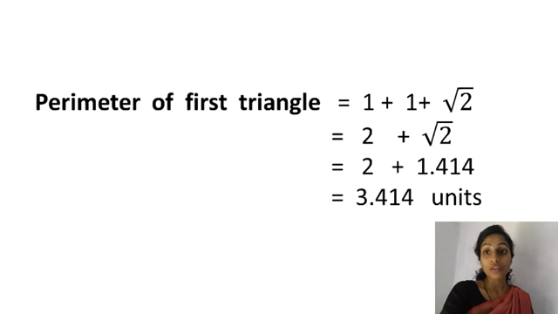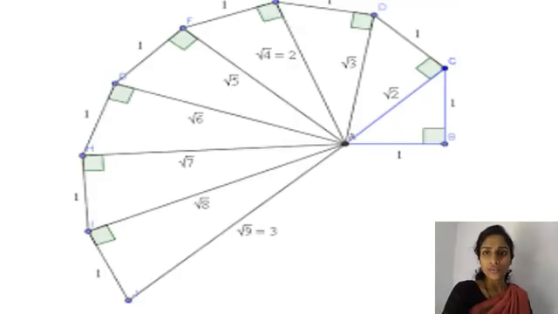Yes, the perimeter of the first triangle can be calculated as 1 plus 1 plus root 2. Doing the calculations, we get it as 3.414, isn't it? Then you just look into the second triangle with base root 2, altitude 1 and hypotenuse root 3. And you just find the perimeter of that second triangle also.